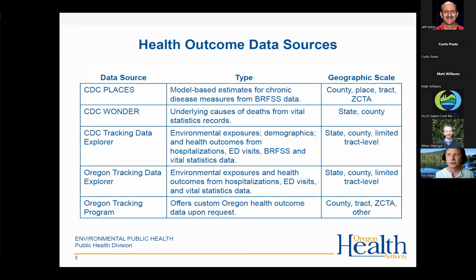By and large, currently the health outcomes are going to be at the state and county levels, but CDC is working on getting tract level data for ED visits for asthma and also hospitalizations for heart attacks. They're also looking at all cancer types to see if they can provide the data at the tract level currently without too much suppression.